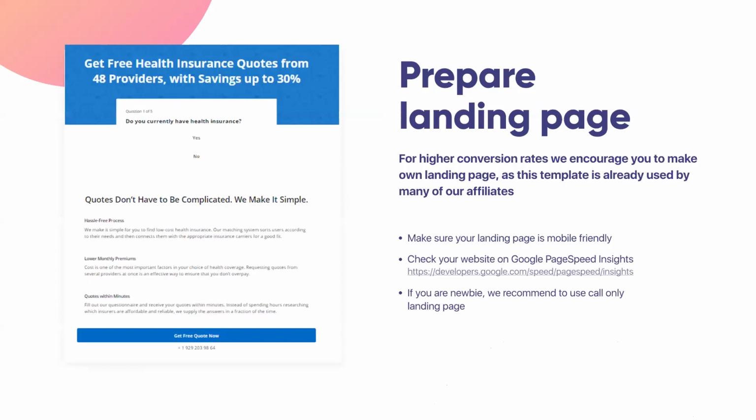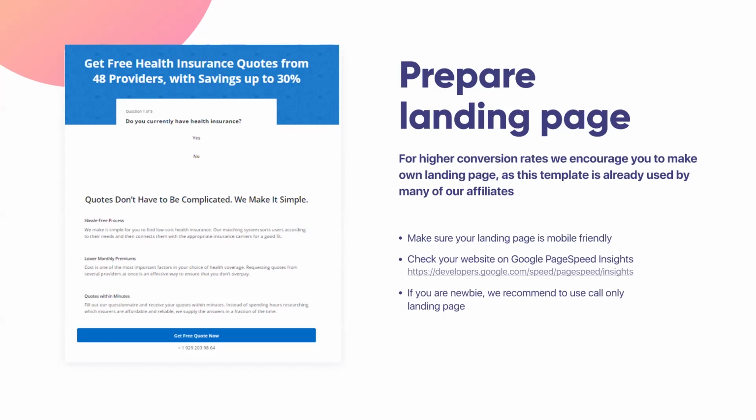The first thing is to prepare the landing page. You can see an example of the landing pages that we provide to our affiliates. I think we have one more landing page example coming maybe in one week, that has a different template.